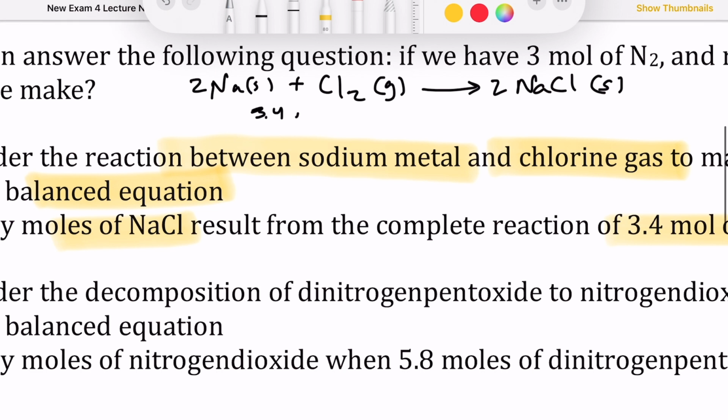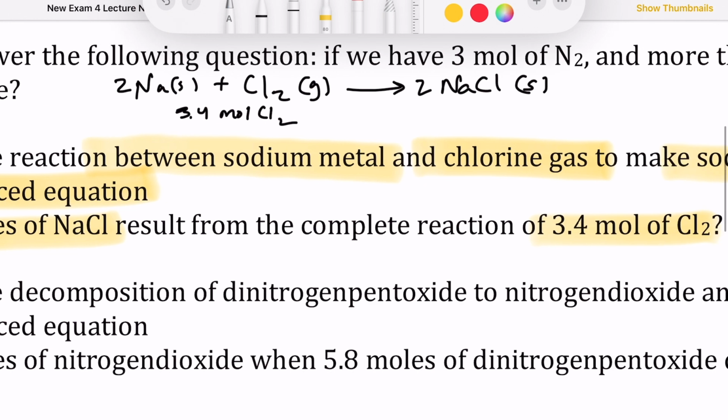All you need to do is say, okay, I have 3.4 moles of Cl2, and I want to get myself to the NaCl. Well, what do I need to do? I need to use a conversion factor, moles of Cl2 at the bottom, moles of NaCl at the top. And then what numbers do I put here for the conversion?